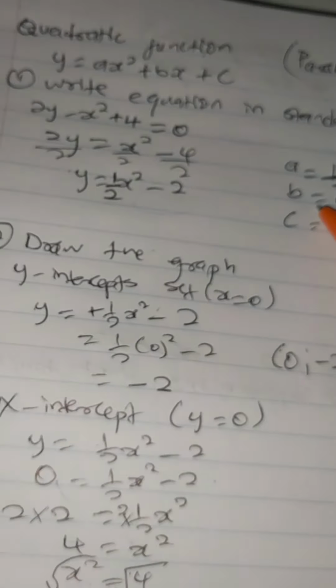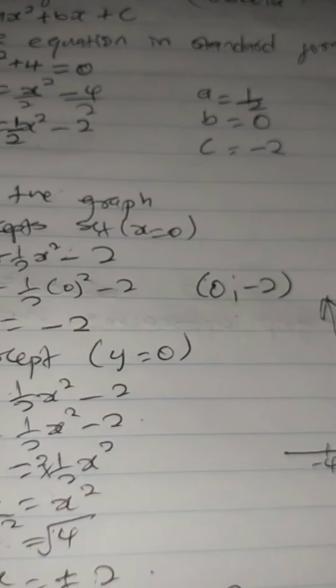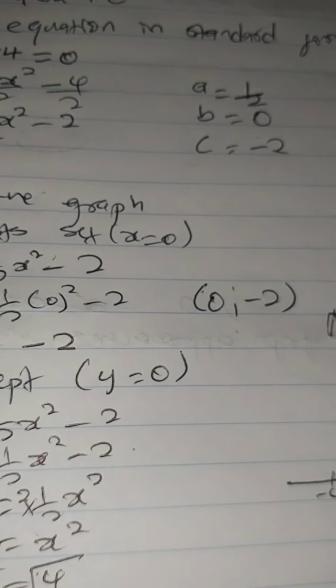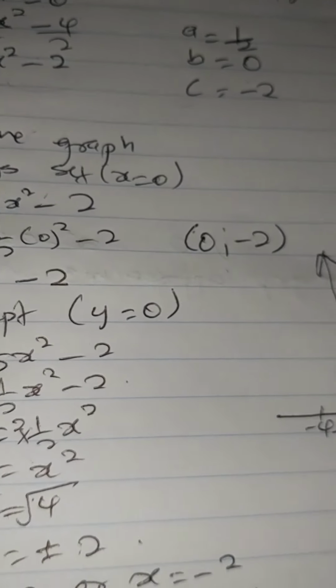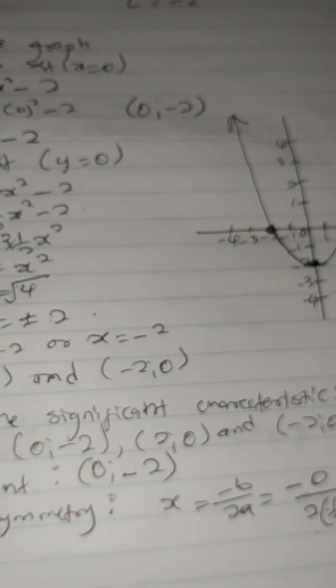And our b we know from the first step, b is 0. So we've got minus 0 over 2, and a is half. So 0 divided by any number is 0. So our axis of symmetry is actually 0.